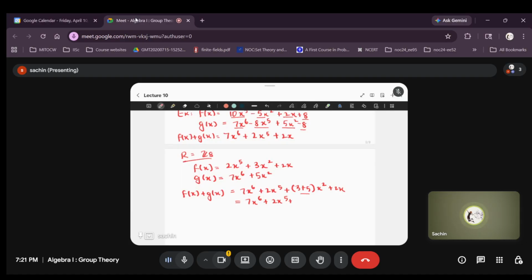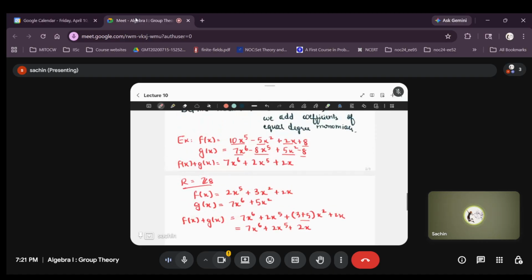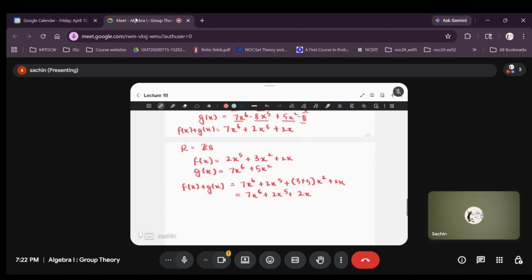So this is 0x², so you are left with this. That you could also get by simply taking this modulo 8. Is that clear?